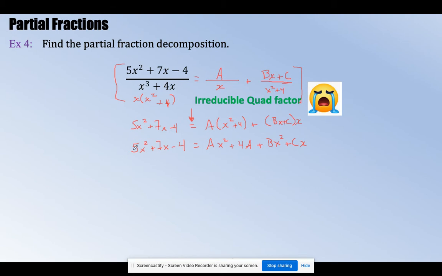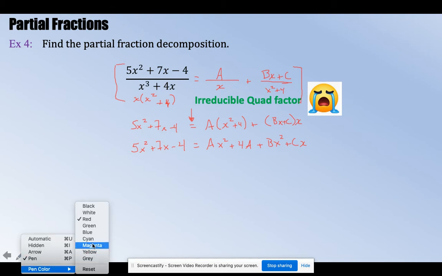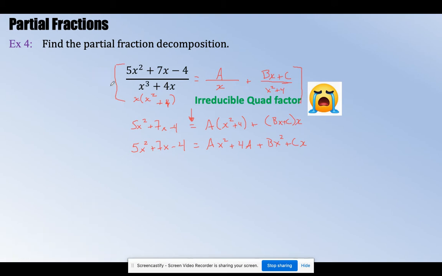So notice on the left, you have a coefficient of 5 in front of x squared, a coefficient of 7 on x to the first, and a constant of -4.